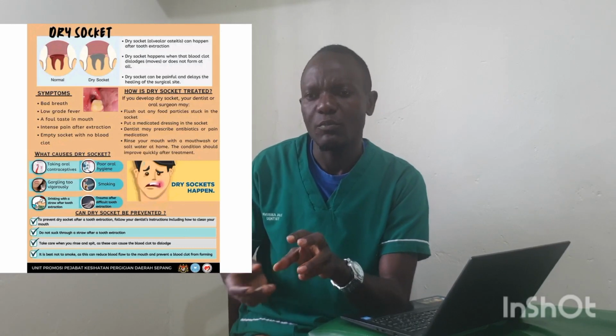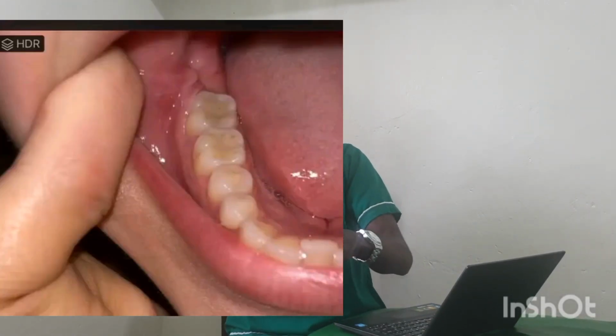Sometimes the drug we use to numb the area where we are going to remove the tooth may cause the dry socket. The reason is it constricts the peripheral blood vessels. Once it constricts the blood vessels around that area, clotting may be very poor.